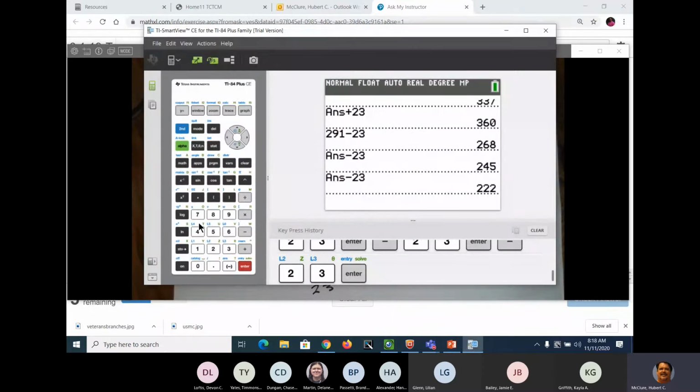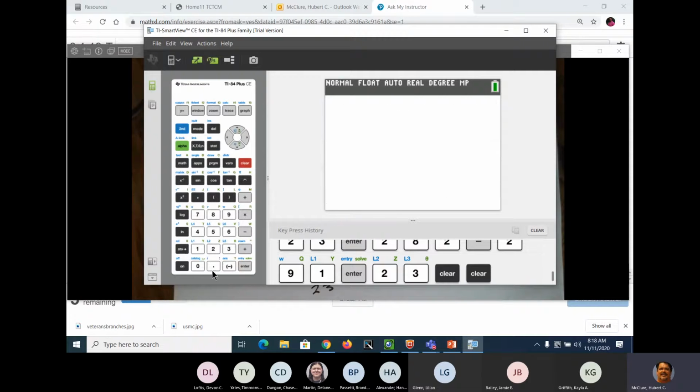So 282 minus 291 equals negative 9 divided by 23.